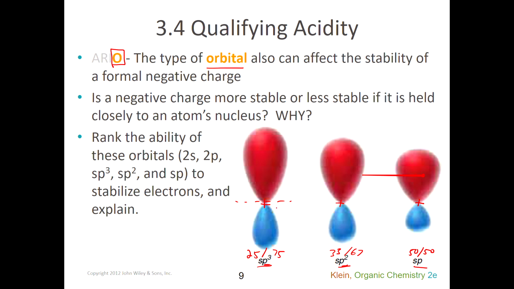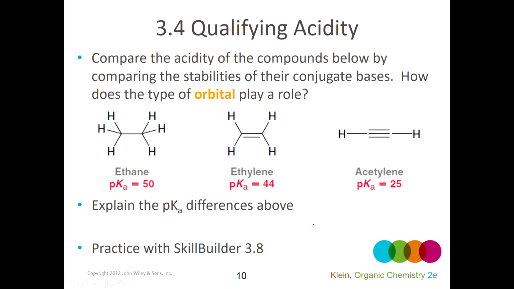So if my orbital is elongated, most of the electron density is out here, not very close to the nucleus. And so this comes into play when we're looking at the difference between sp3 hybridized atoms that a hydrogen might be sharing electrons with versus sp2 versus sp.